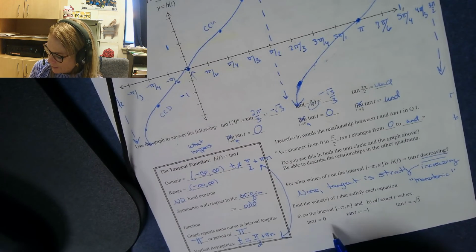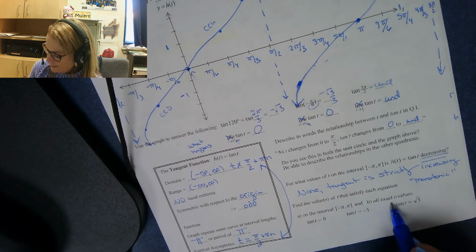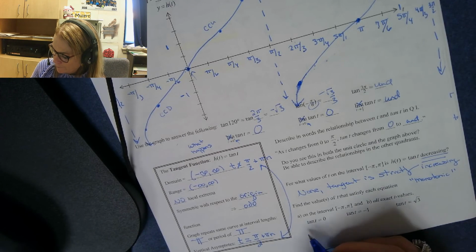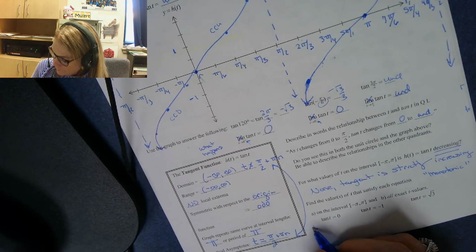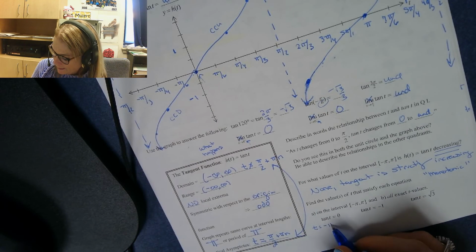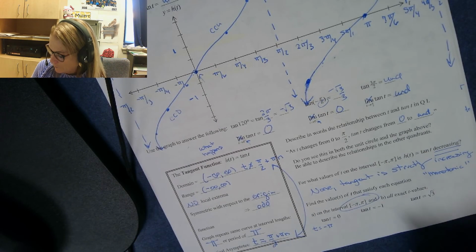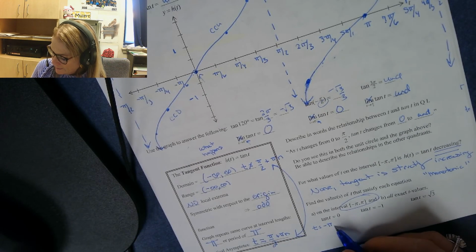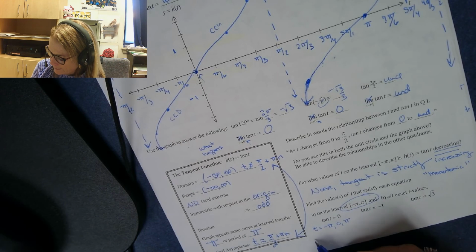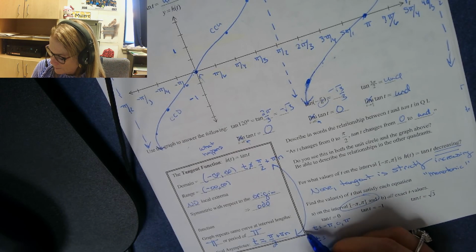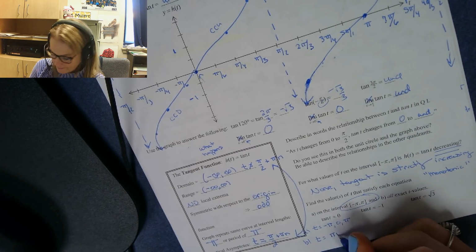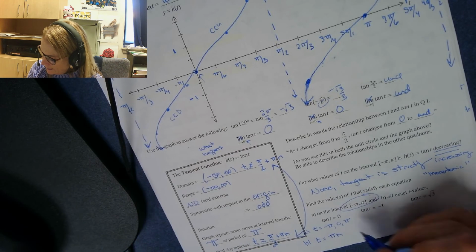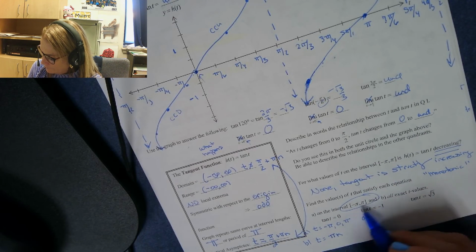Last one here: on the interval negative pi to pi, when is tangent 0? That is going to be 0 at negative pi, and this is kind of tricky. Instead of going 0 to pi, they've made us go negative pi to pi. To write it effectively, that's just pi times n. Where are we at negative 1 from here to here?